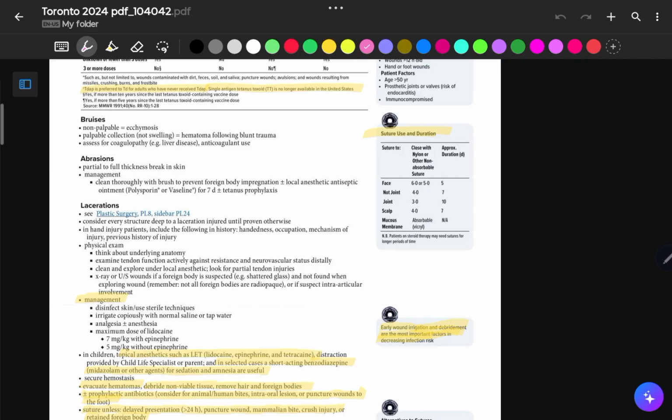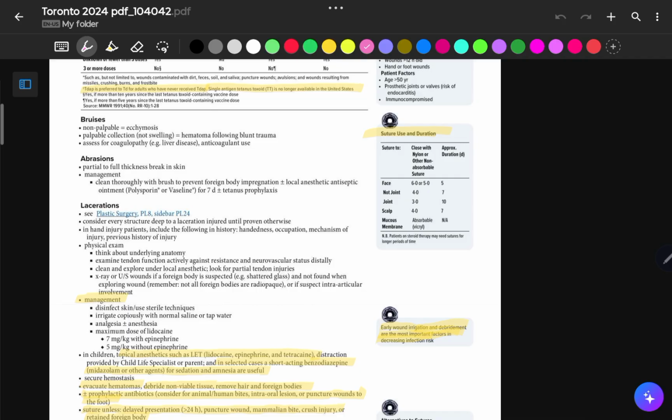So when you see a laceration, you want to clean and explore under local anesthesia, looking for partial tendon injury. Don't just start suturing. Before you suture, be suspicious of any anatomical structure involvement.